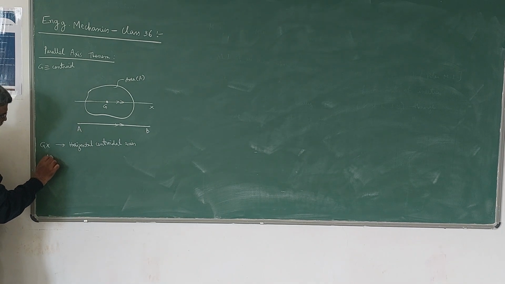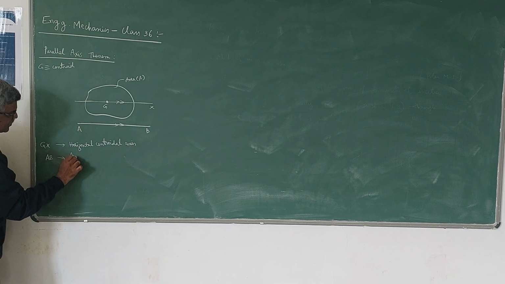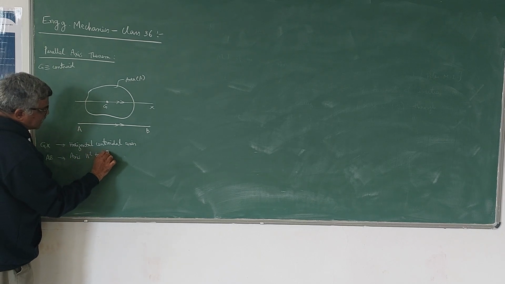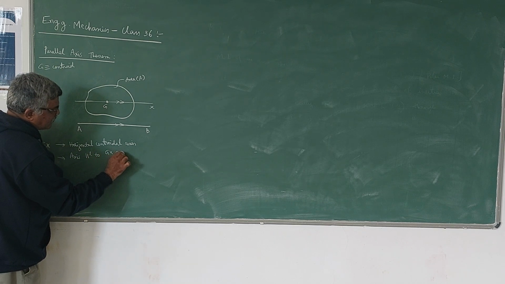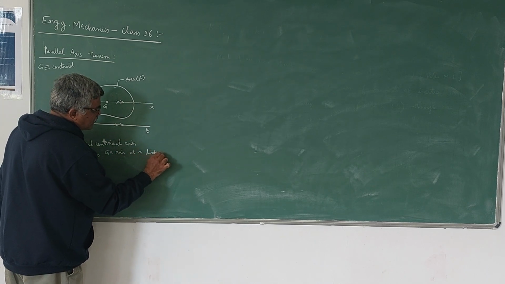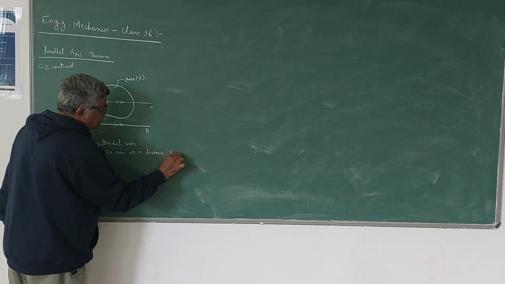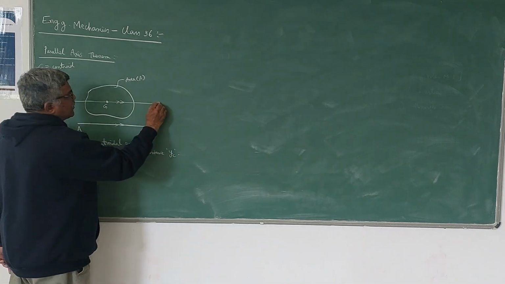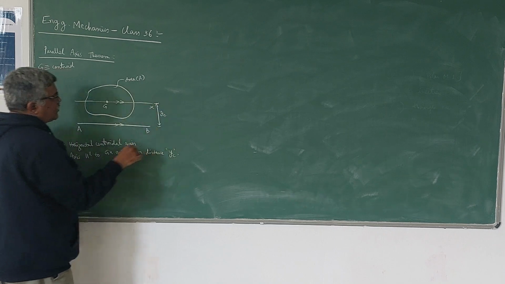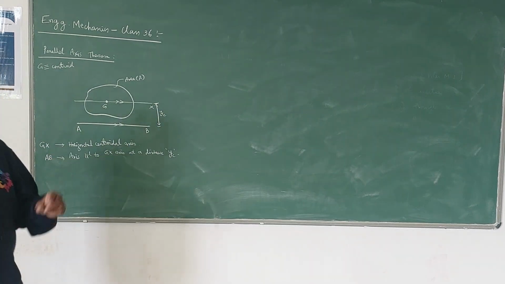So AB is an axis parallel to the GX axis at a distance yc. That means the distance between these two parallel axes is yc.